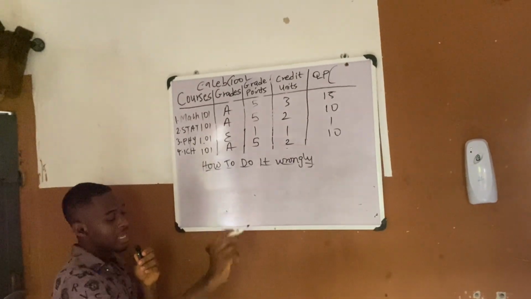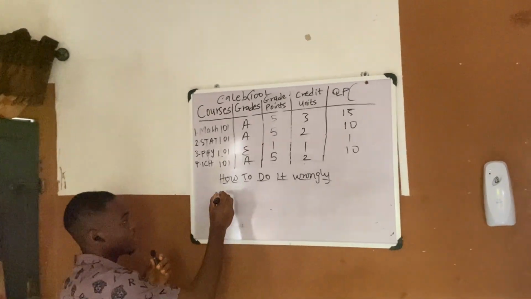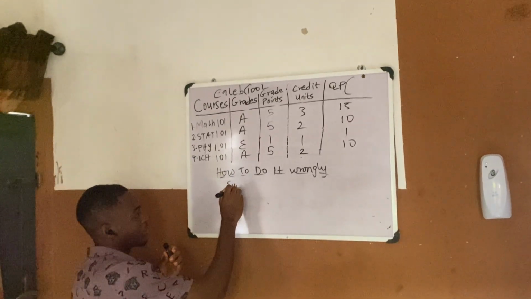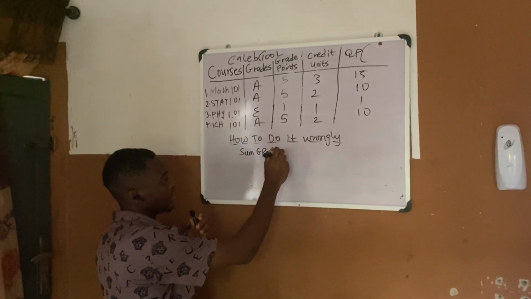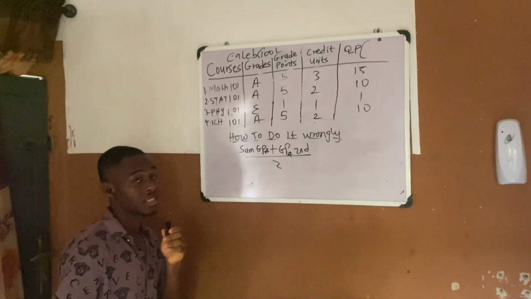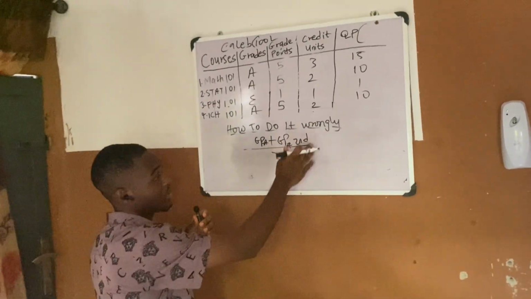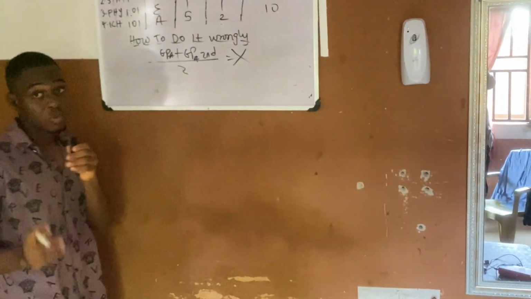The normal thing that comes to people's minds when they hear CGPA is just the sum of your GPA for first semester and the GPA for second semester, and then you find the average. That's not the right way of doing it.